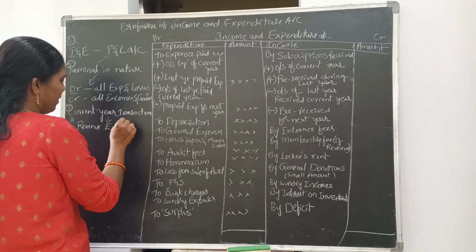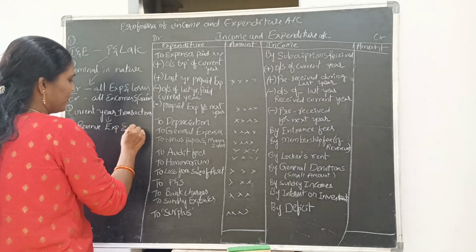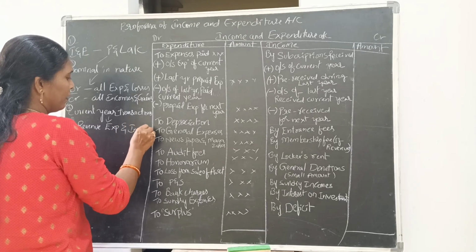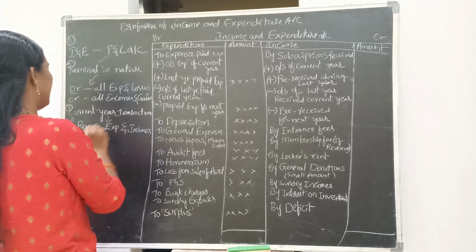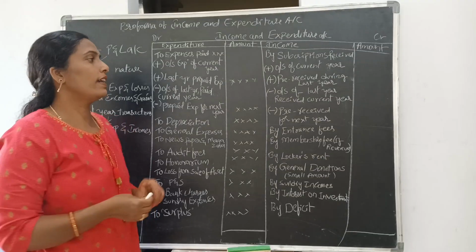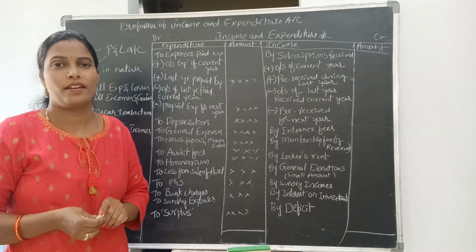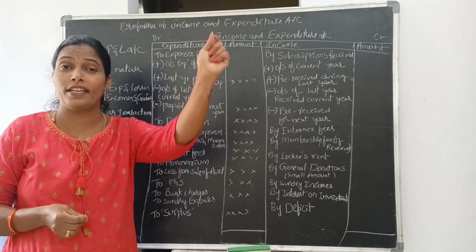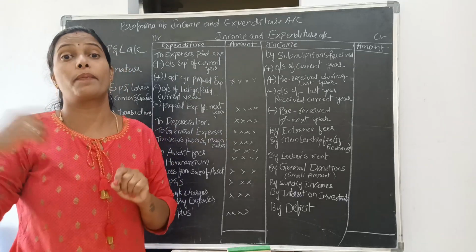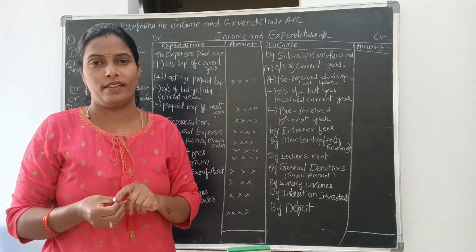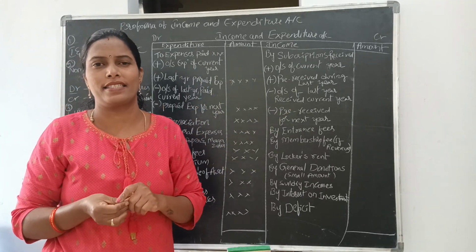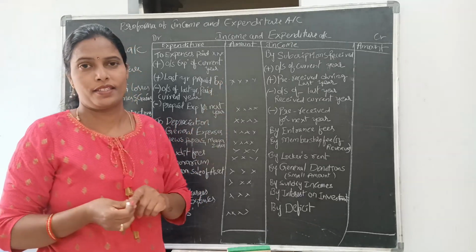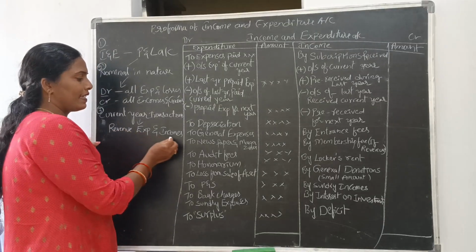Points to be noted, these are very important. In the income and expenditure account, we are going to post only those transactions which are related to the current year, not the previous year, not the next year. Only revenue expenses and incomes.